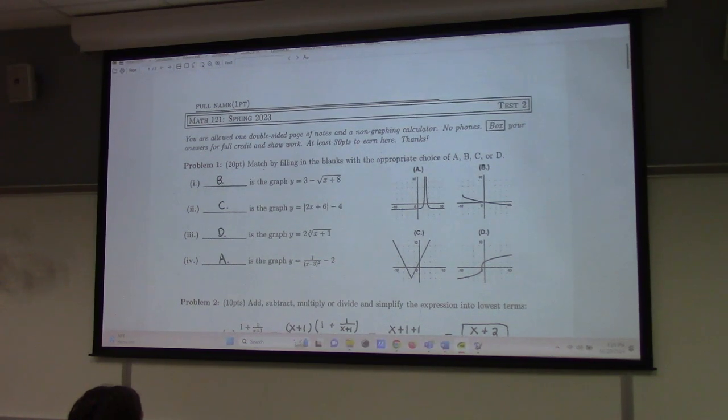Oh, wait a minute. Some of these marker caps are not sticking together very well. Drat. Finally. Haha. Yeah, I think this is test 2. Are we test 2, right?